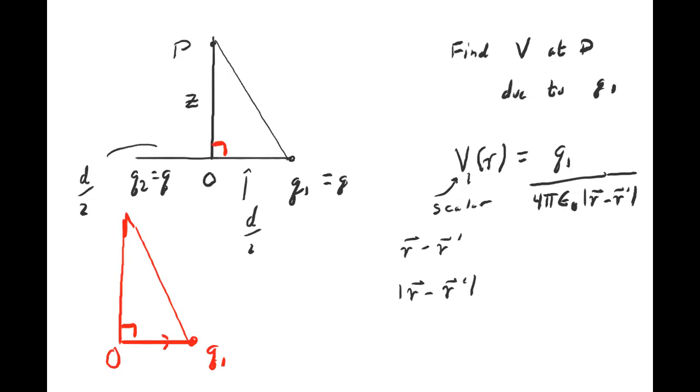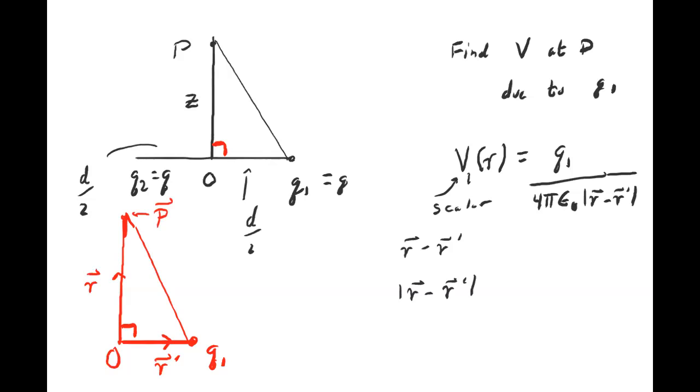Here is my source vector, R prime. It points from the origin to Q sub 1. Here's my field vector, R. It points from the origin to the point where you want to evaluate the electrostatic potential. And in this example, that's the point P. Vectors are points, points are vectors.